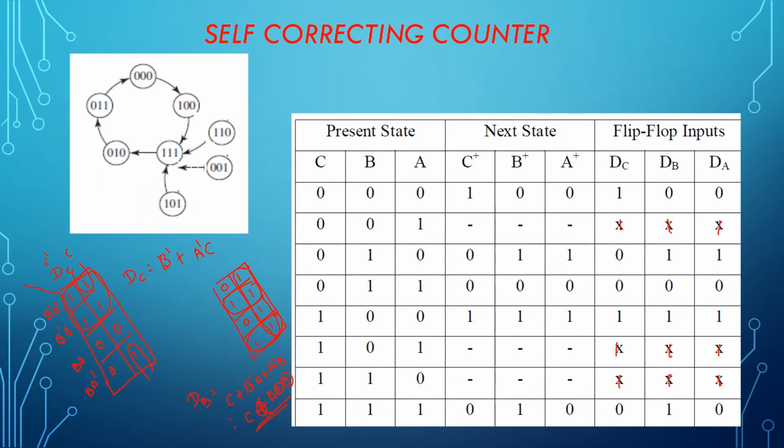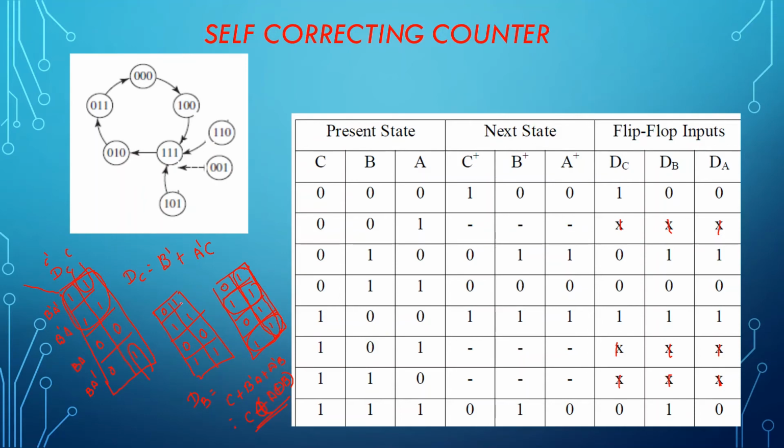Very similarly, if you write for DA, let's check out what DA will be leading to. So writing for DA, it will be 0, 1, 1, 0. Then it is 1, 1, 1 and 0. Right?